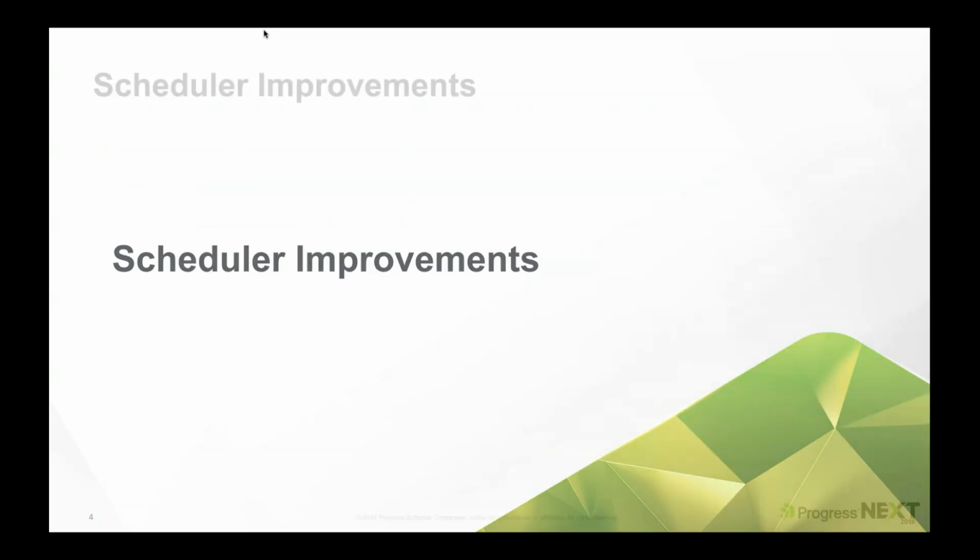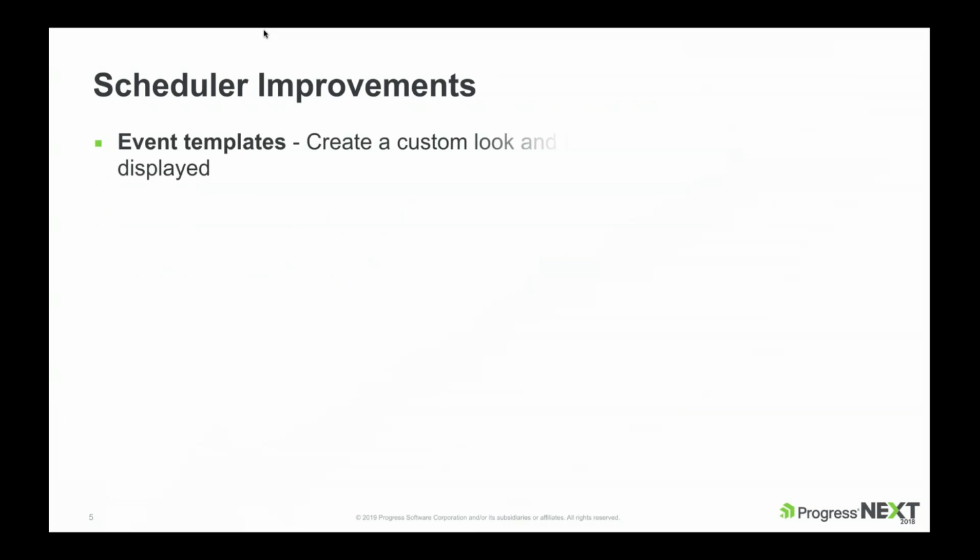So just to dive right into scheduler improvements. I'm going to go through a couple of these in bullet point form, but I wanted to point out that I have all of these notes, and I'll be sharing a link to the notes after, so that you can read along. The scheduler improvements are event templates, to create a custom look and feel for events.